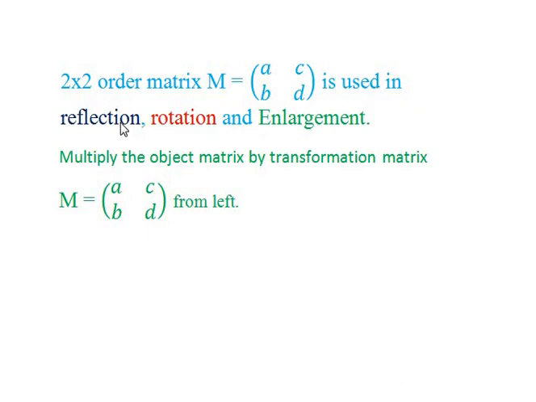So reflection, rotation, and enlargement can be done by using the 2 by 2 matrix. To get the image, we multiply the object matrix by the transformation matrix M from the left.